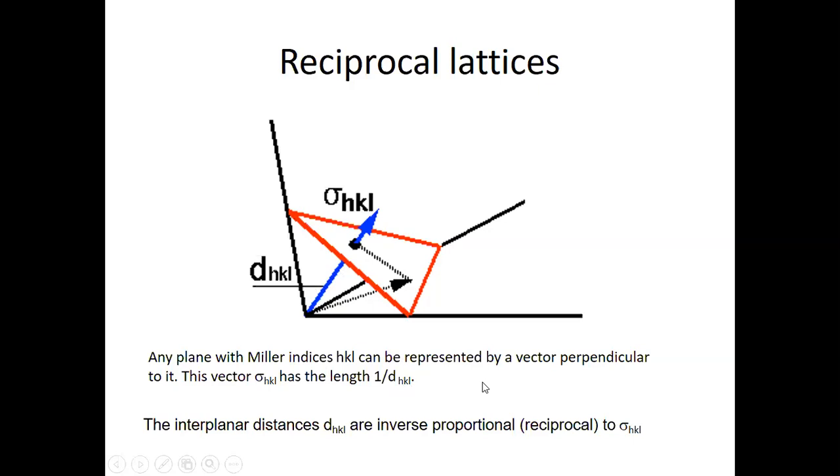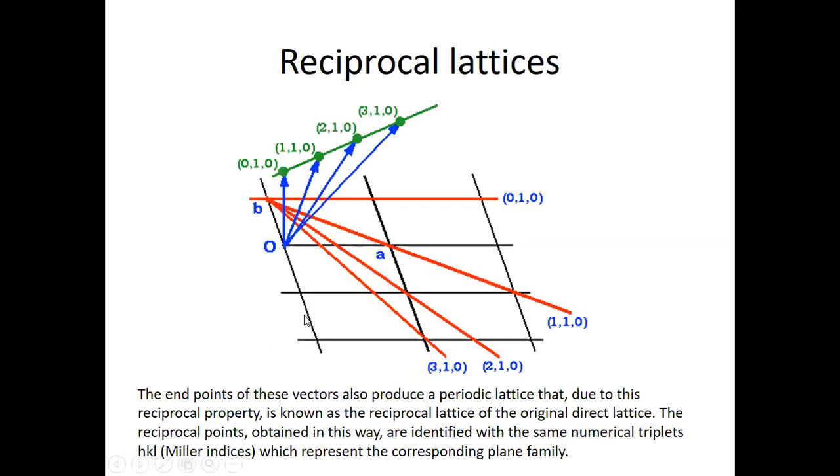Okay, so now let's expand on that thought a little bit further. Let us look at this generic lattice here, which has a unit cell where we can define an origin. Here we have the unit cell parameter a, and here we have the unit cell parameter b.